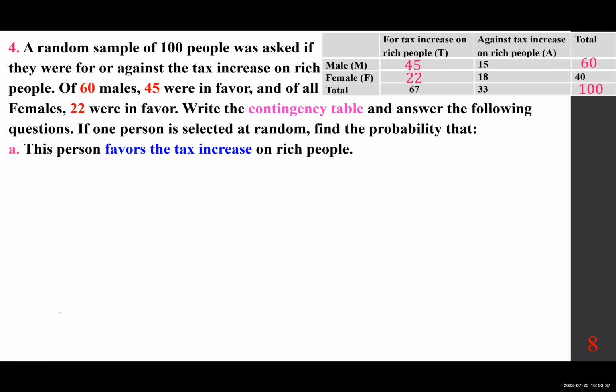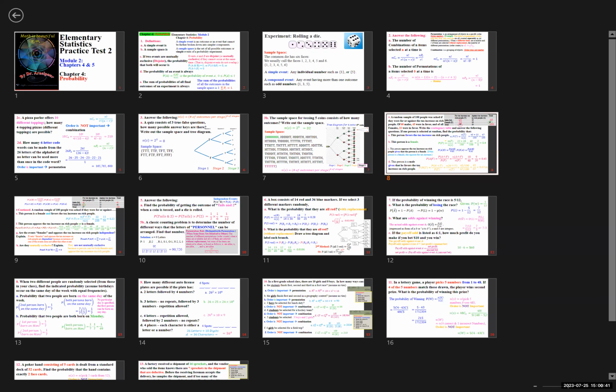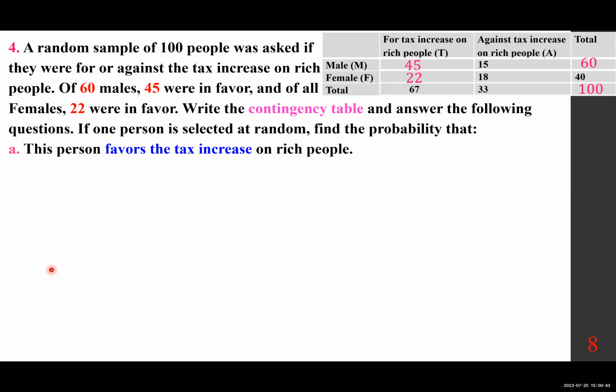This person favors the tax increase. We're going to write P of T is N of T over N of S. I like to start with the denominator, the sample space. In this case, the sample space is always the total unless it's a conditional probability.